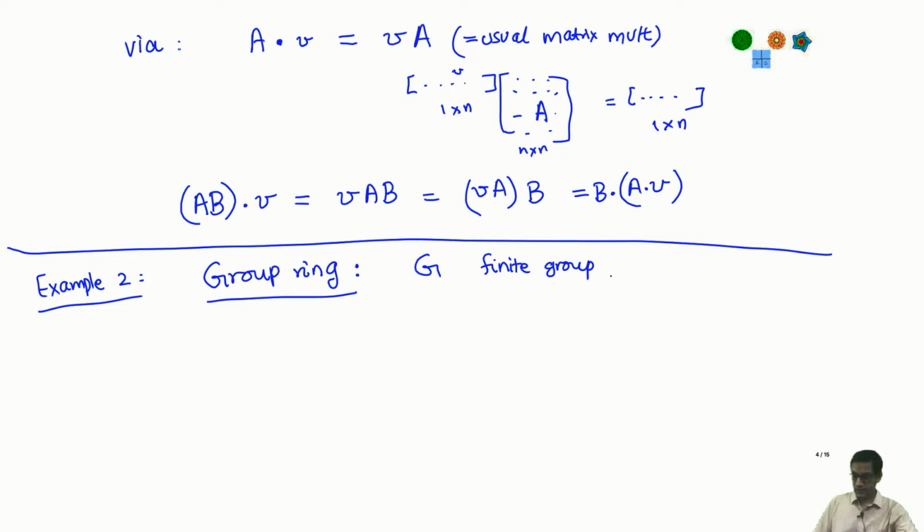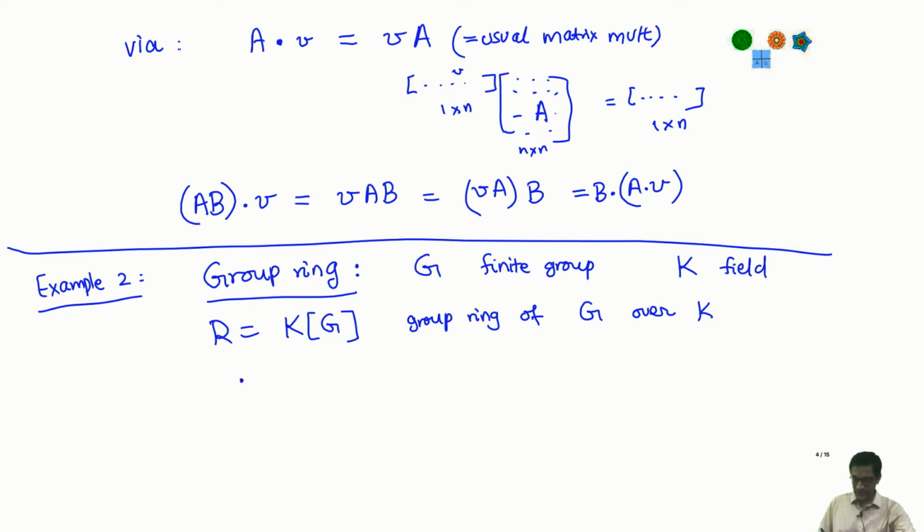Firstly, it's a vector space, so I need a field as well. So K is a field. So R, which is called the group ring of the group G over the field K, was defined as follows.